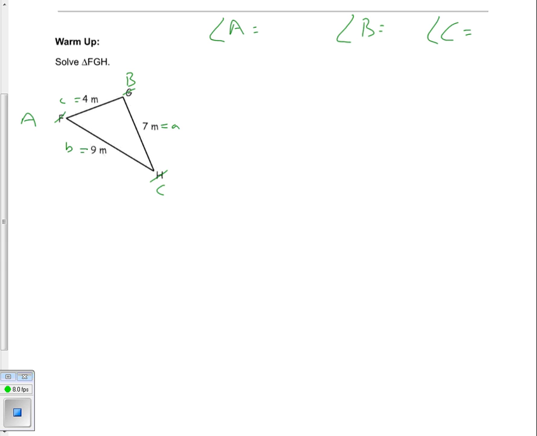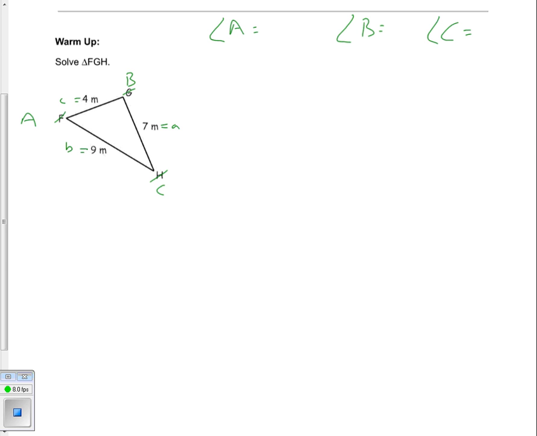For simplicity's sake, let's say we're going to figure out angle A. And we know that we can do this because we have all three side lengths.